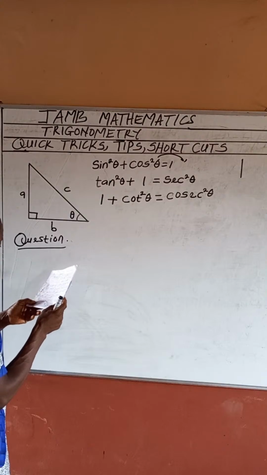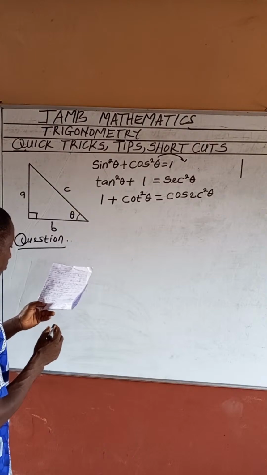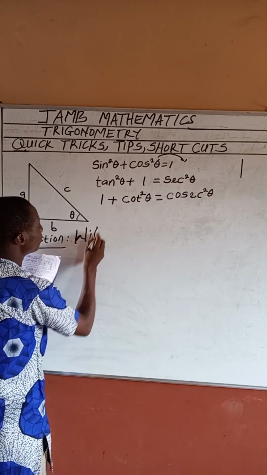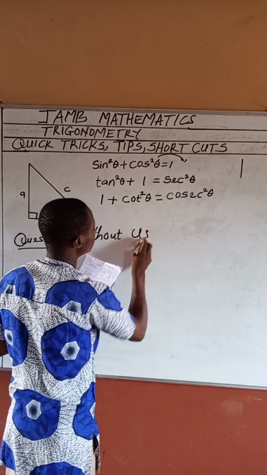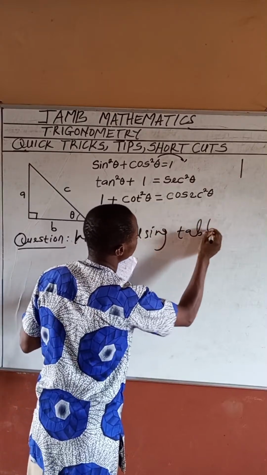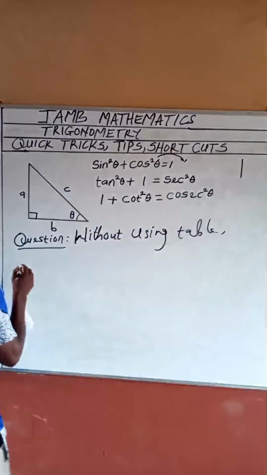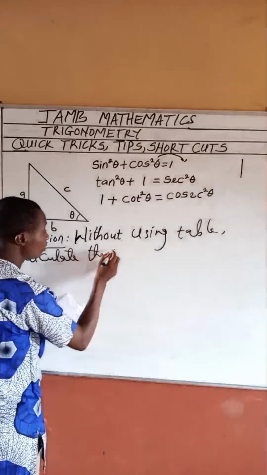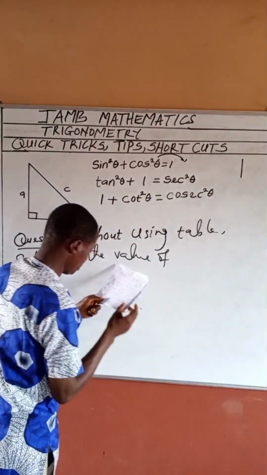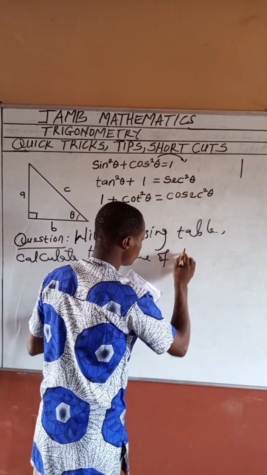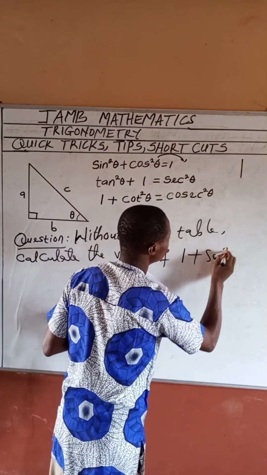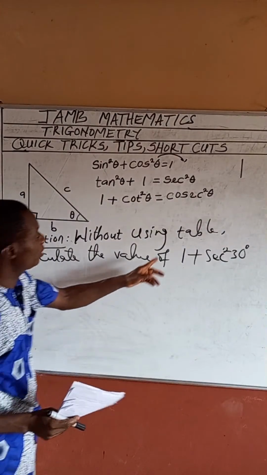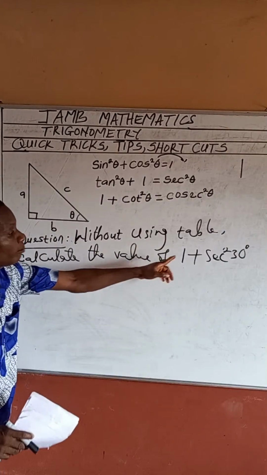So just look at this question. Here we have, without using tables, calculate the value of 1 plus sec square 30 degrees.